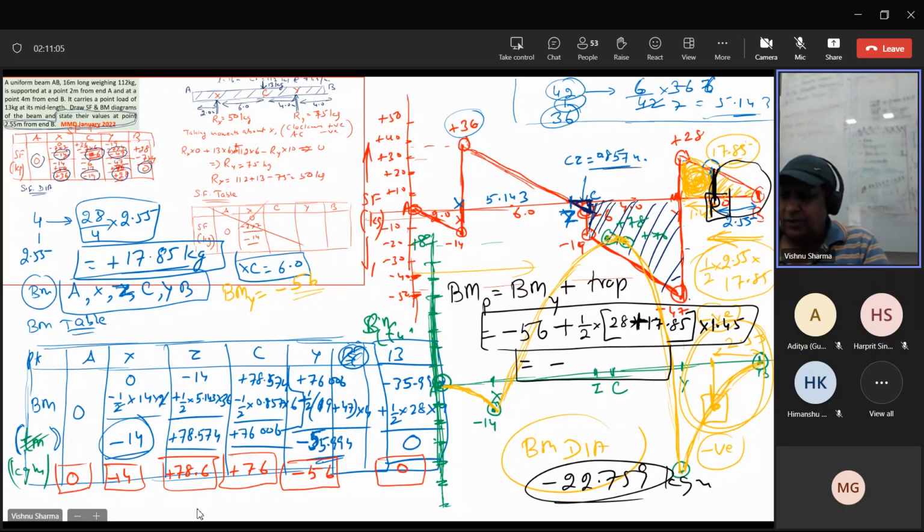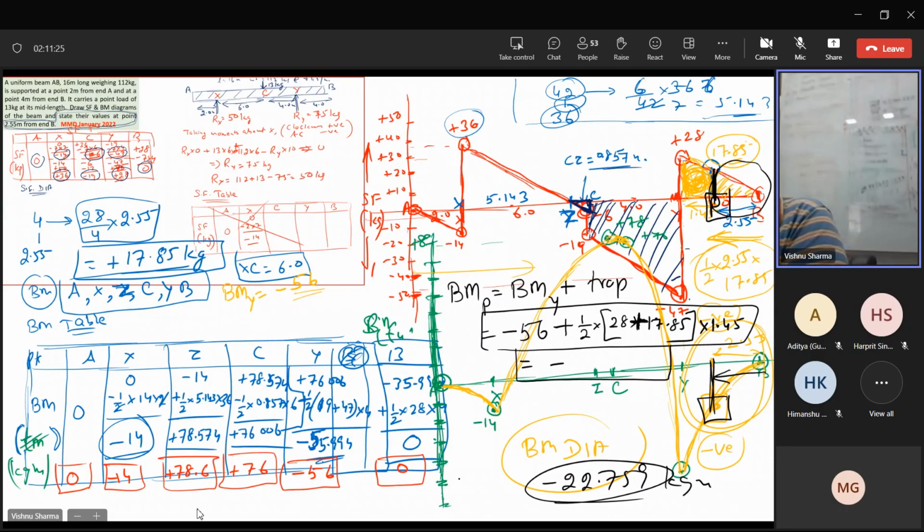Now somebody may say, sir, if I'm not able to do any of the two things, and the answer sheet is being snatched. Suppose I don't have time, I've drawn the BM diagram and now my answer sheet is being snatched. Then please come to the graph, go 2.55 meters from here, read off this value and write it in the answer.